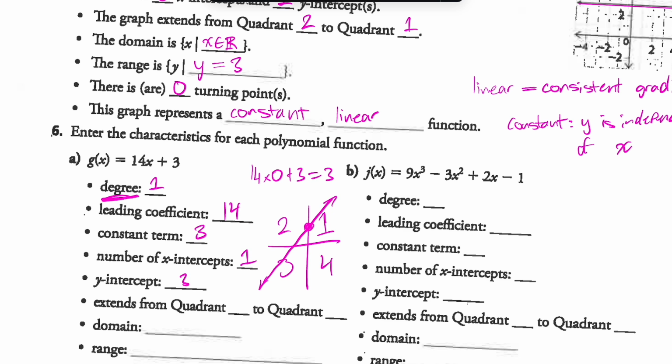If it intercepted at a negative number, it would actually be the same answer, but it would come under like that because the intercept's negative. And if the gradient was negative, it would start from the top left and go to the bottom right. So it'd go from 2 to 4 instead of from 3 to 1. But in this case, it's from 3 to 1.